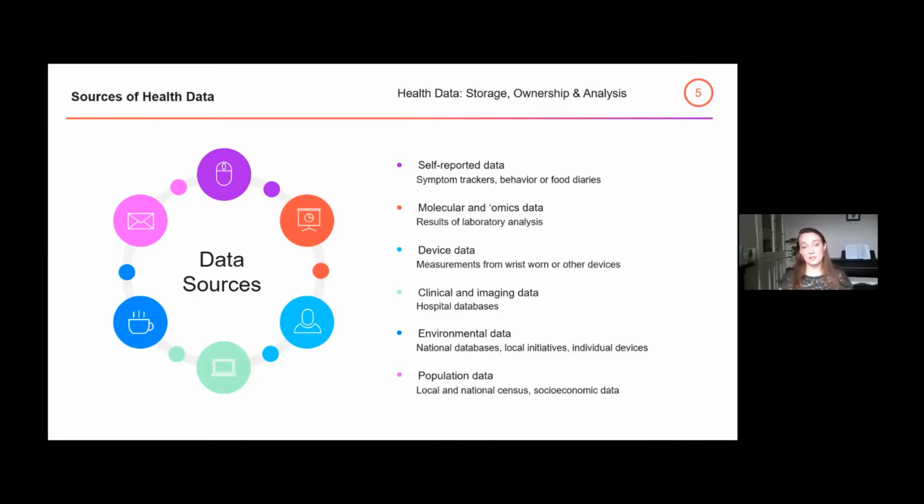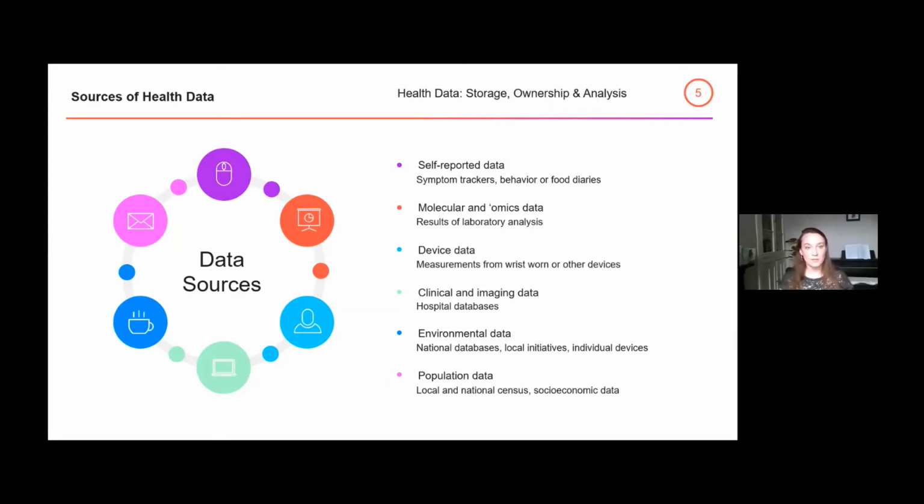And here's another interesting one, environmental data. You might not immediately think that that's health data. However, for example, one of my colleagues carried a Geiger counter while visiting Chernobyl, while others have been involved in measurements of air quality.